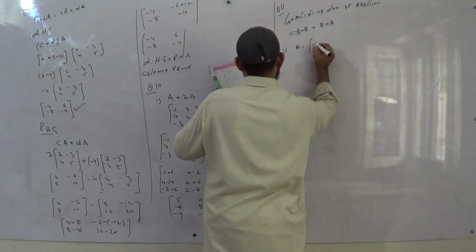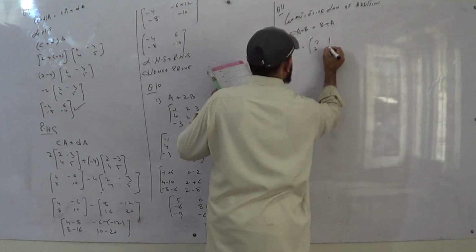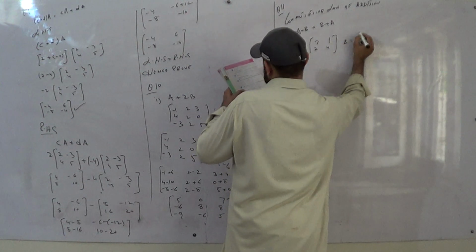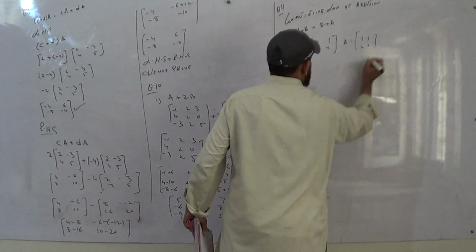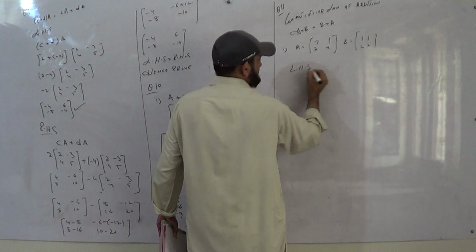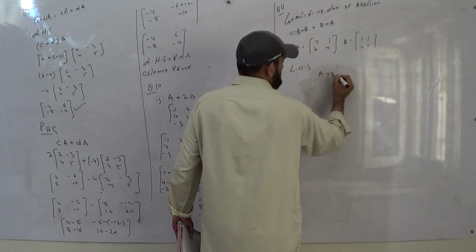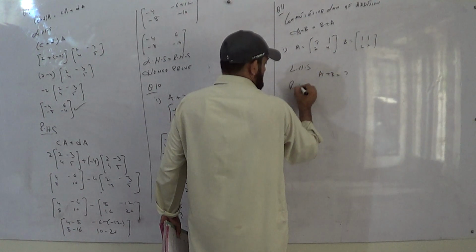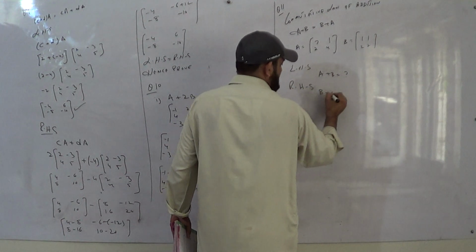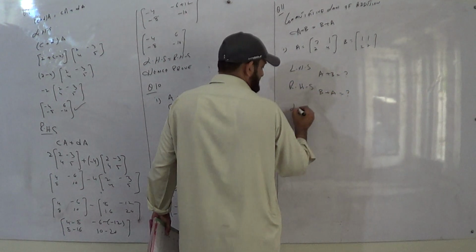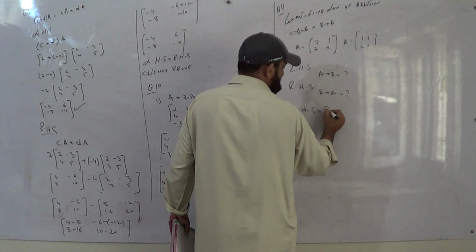A is equal to [7 1; 2 4]. B is given [1 1; 2 2]. First we take left hand side, A plus B. Then right hand side, B plus A. You will get left hand side equal to right hand side.